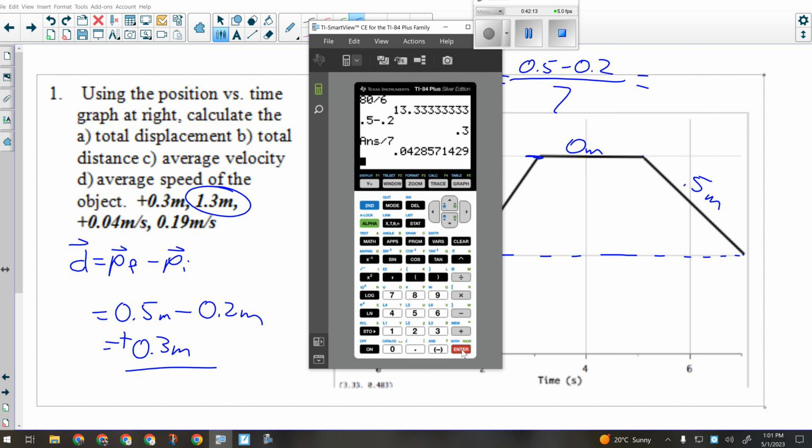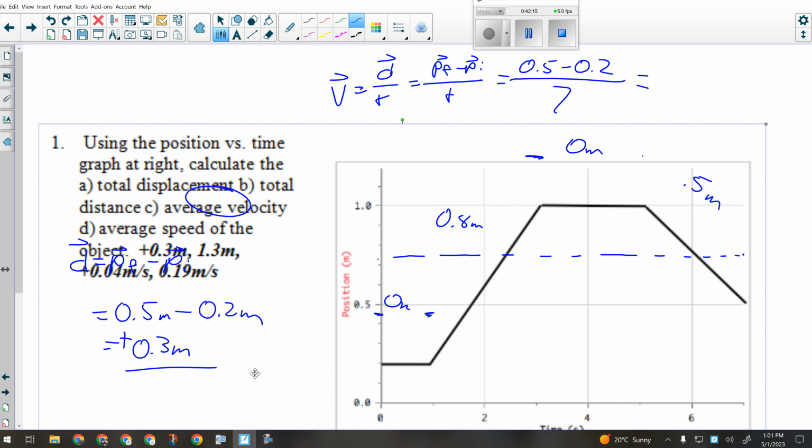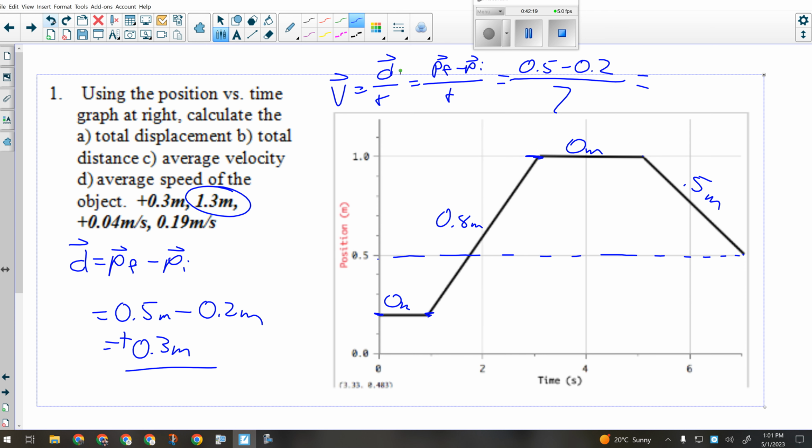So we're looking at 0.04 meters per second. And that would also be positive, because velocity is a vector quantity, and I need to establish a direction on that.